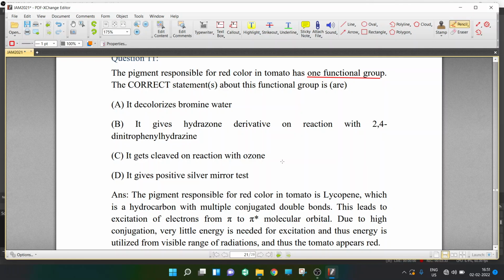Then it gets cleaved on reaction with ozone. So we again know, if alkene is there, if you react with ozone, what happens? First you get ozonoid. If you react with ozone, it forms what is called an ozonoid. So you are having this kind of stuff.